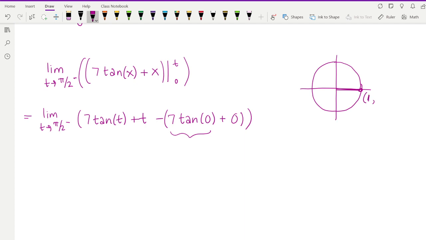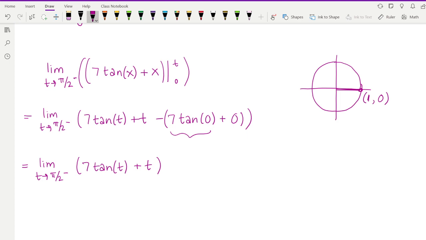So that's 1. And sine is the y coordinate, which is 0. And so tangent of 0 is 0, because tangent is sine over cosine, 0 over 1 is 0. And then here we just have another 0, and so we're left with the limit as t approaches pi over 2 from the left of 7 times tangent of t plus t.